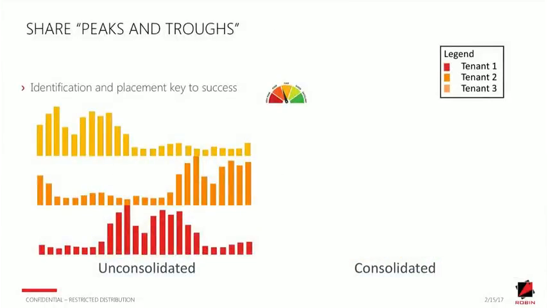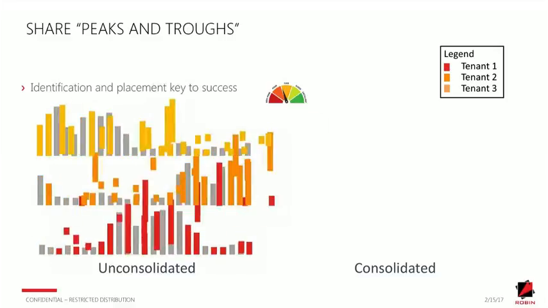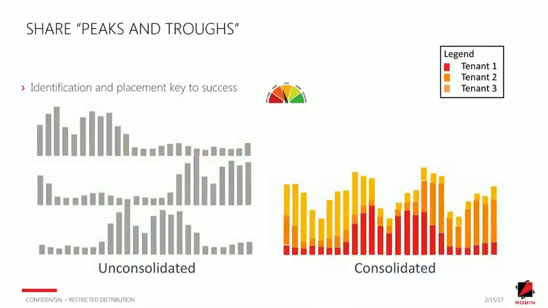And how does it basically work? We help you share the peaks and troughs of these unconsolidated applications, so we increase the utilization of your hardware, but when we consolidate these applications, you also have more resources to run other applications as well.